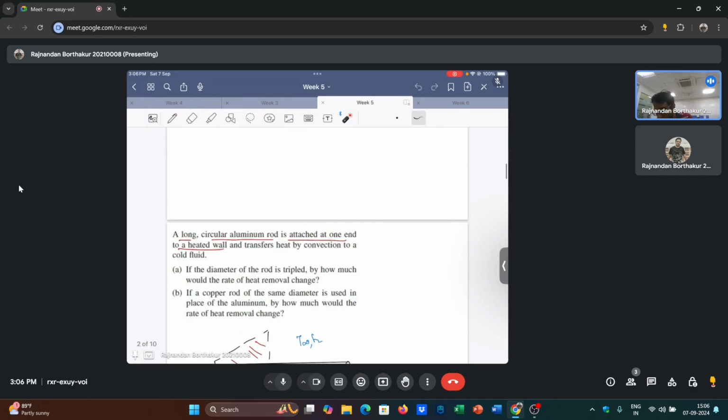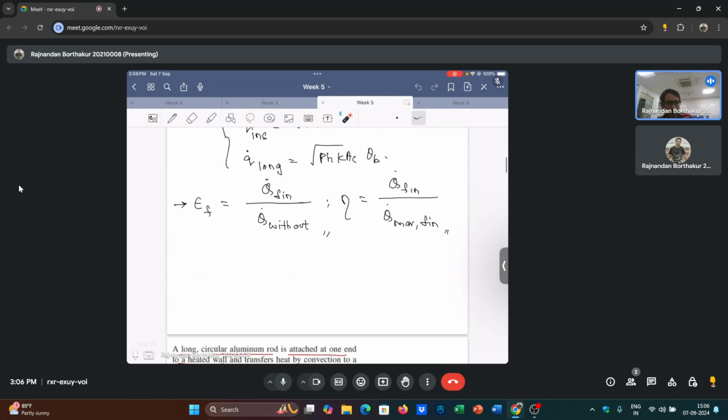So we looked into two of the most important parameters, which basically govern how effective the use of a fin is. Typically it is given by the fin effectiveness, which is the ratio of the rate of heat transfer from the fin to the rate of heat transfer when there was no fin.